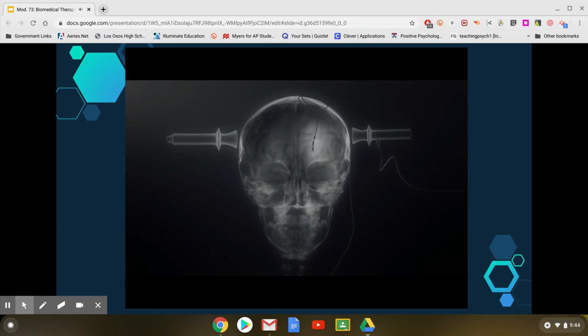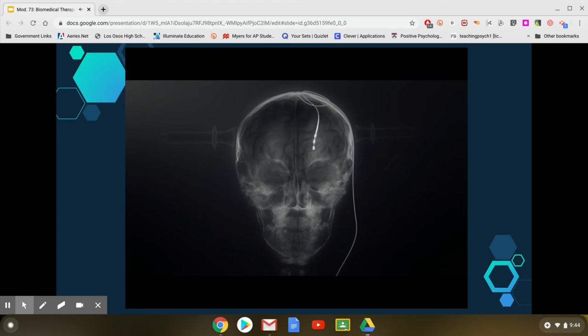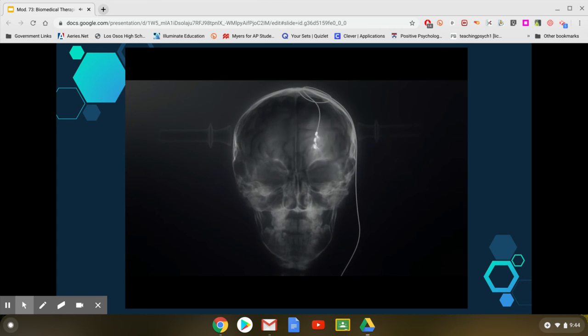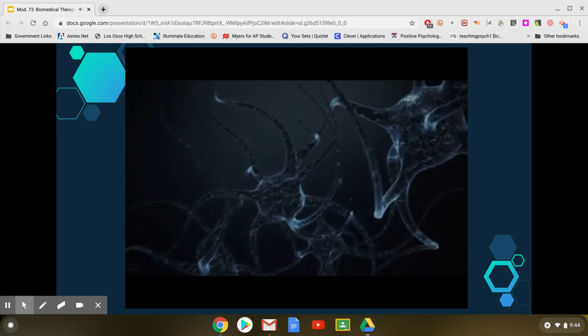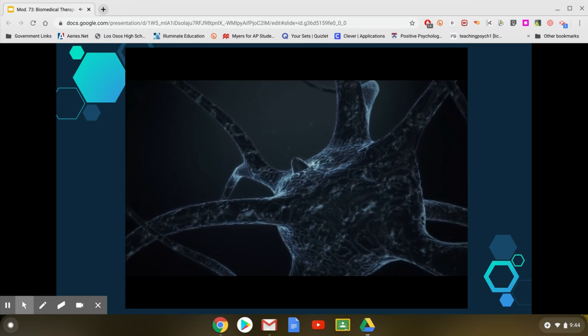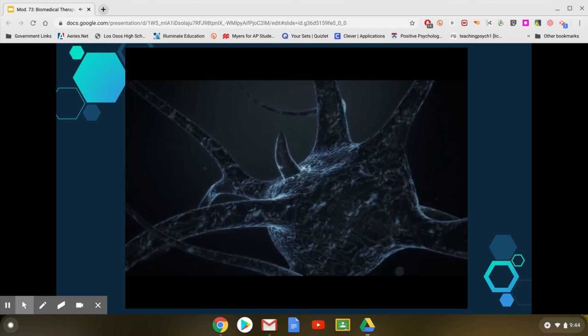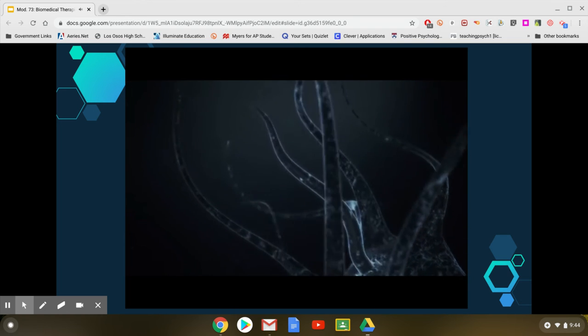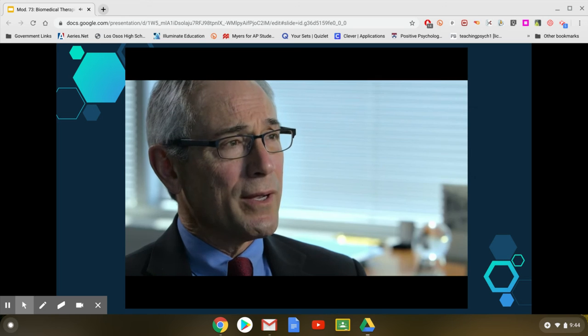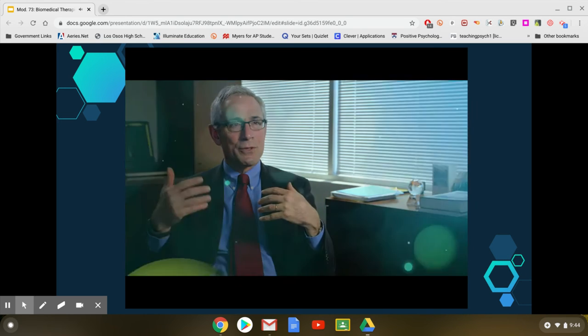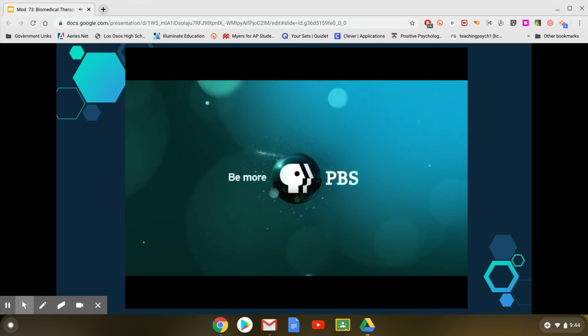ECT and DBS both rely on electricity. Electric current applied to the brain changes the way neurons connect to one another and even stimulates the growth of new neurons. The brain is capable of rewiring itself quickly and in a profound way. Every time we learn a language or we learn to play the violin, we're changing the way the brain is wired up.